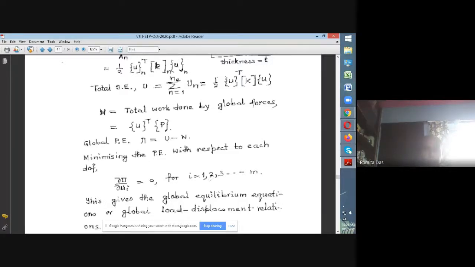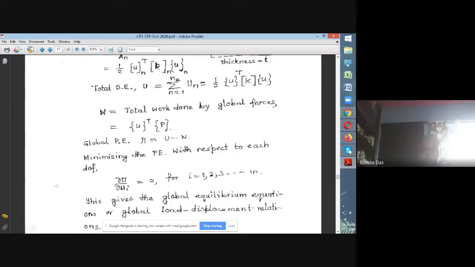Now, if we consider the minimum potential energy principle, what does it mean? A structure which is undergoing elastic deformation deforms in such a way that each node has a displacement that makes the potential energy of the system minimum.